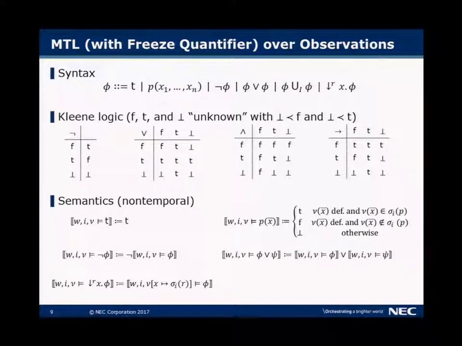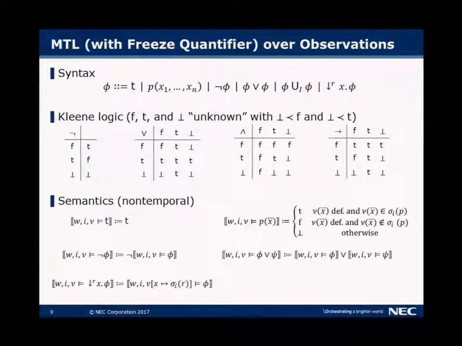The semantics is more or less what you expect for the non-temporal operators. So first, to explain the notation, W is the observation, and we want to have the truth value at the position i in my observation, which is a position in the word. And the nu is the valuation for the variables, because we have the freeze quantifier. In particular here, if we have the formula true, we know it's true.